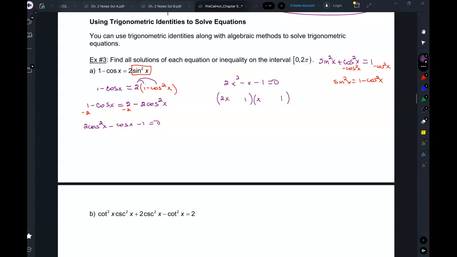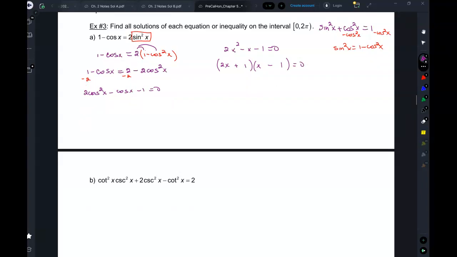And then what would be plus and what would be minus? It would be plus 1 and minus 1. Same thing, but now the x's are cosines. So this is going to be 2 cosine x plus 1, cosine x minus 1 equal to 0.